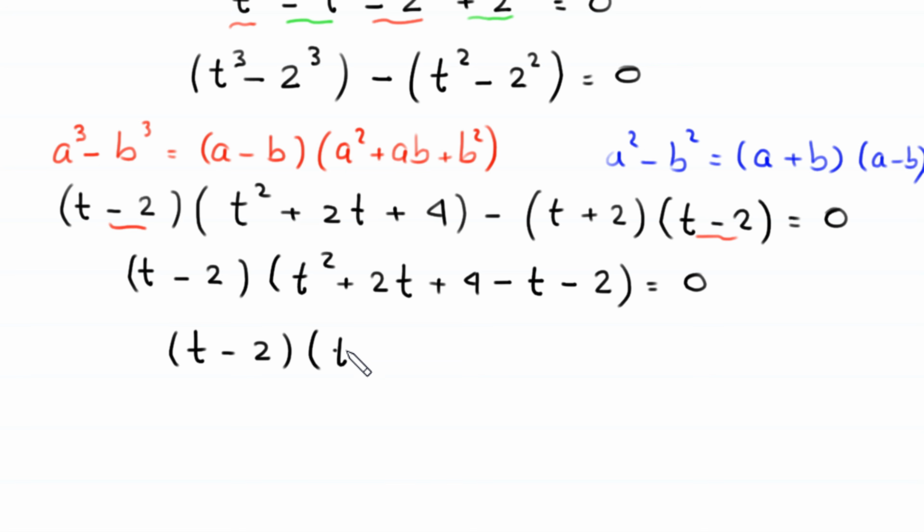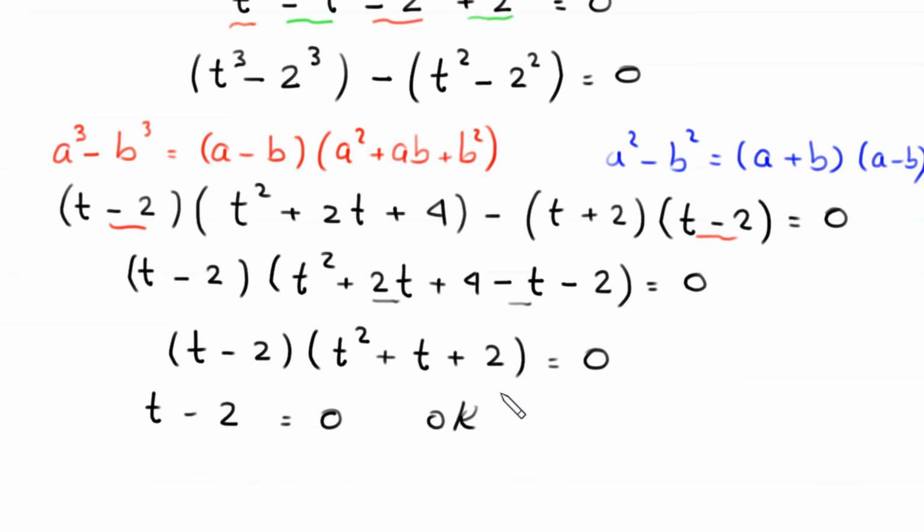times (t squared plus 2t minus t plus t, and 4 minus 2 plus 2) equal to 0. Either this expression t minus 2 equal to 0 or this expression t squared plus t plus 2 equal to 0.